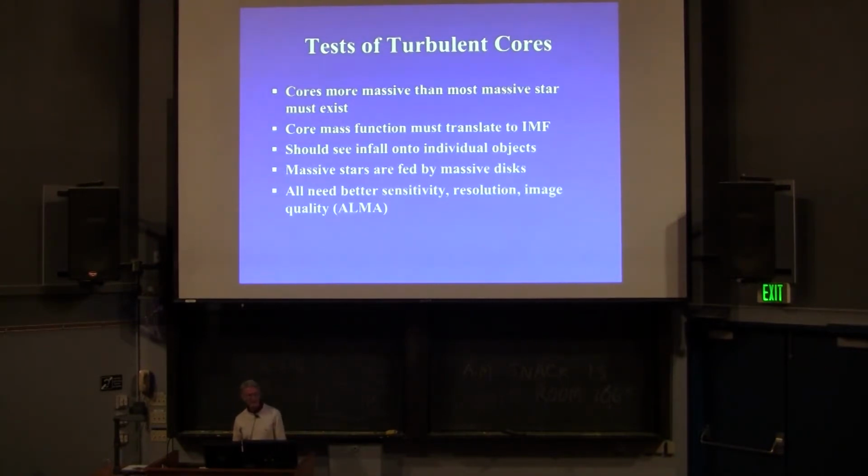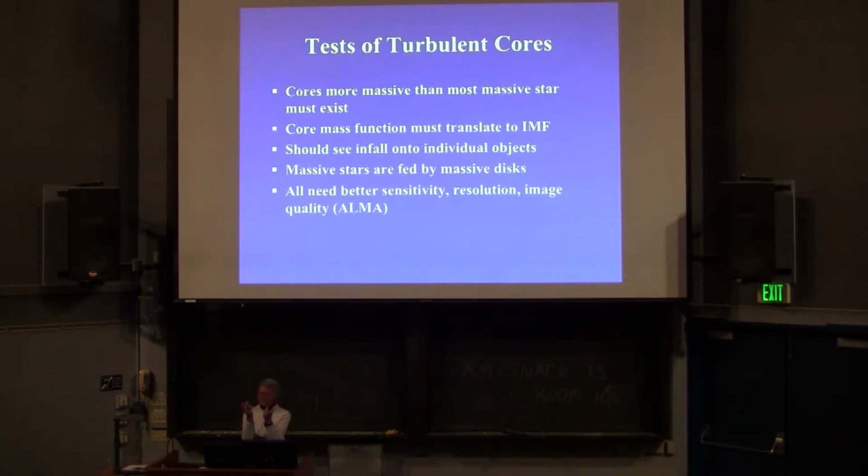So here are the tests, rightly or wrongly, that observers think about to test the turbulent cores. If you're going to form all the massive stars out of individual cores, then you have to find cores that are more massive than the most massive star, because we know the efficiency is not unity. The core mass function must translate to the IMF. That's the idea, I think. We should see infall not only of the whole thing, but onto individual objects.